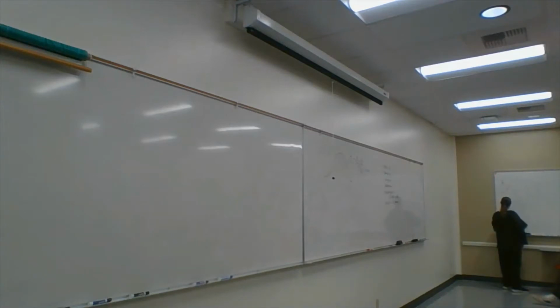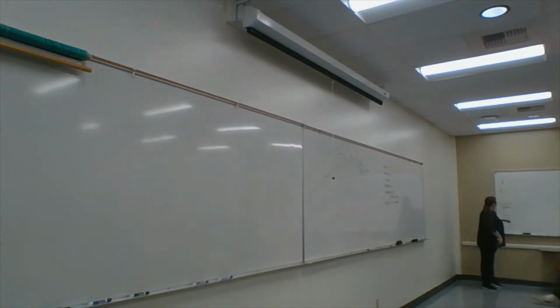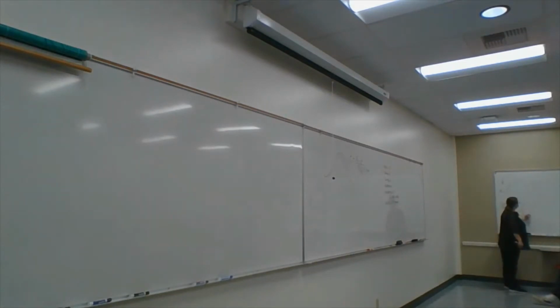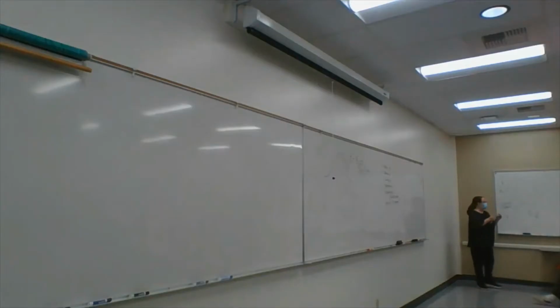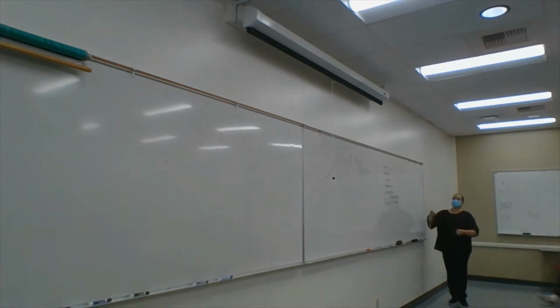So these are x bars, these are x's. Is that sounding familiar? The mean was the same, but the standard deviation for the distribution of means was simply the standard deviation of the raw scores divided by the square root of n.